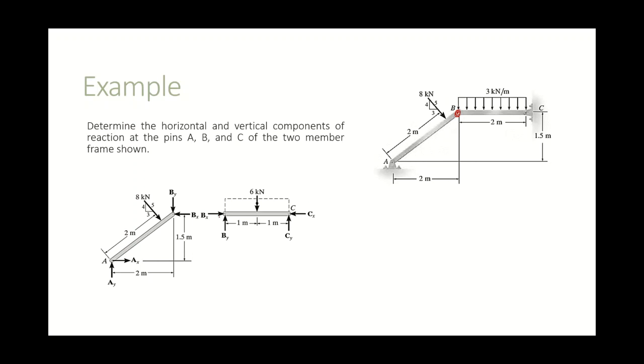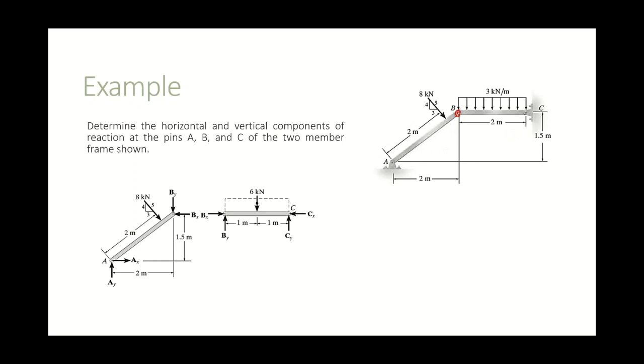This direction is just an assumption: we have BY upward, BX going in, action and reaction, so going to the left, then downward. Now, for us to solve this, the 3 kN/m times 2 was made into a concentrated load, so it became 6. So, it's best to start with segment BC.